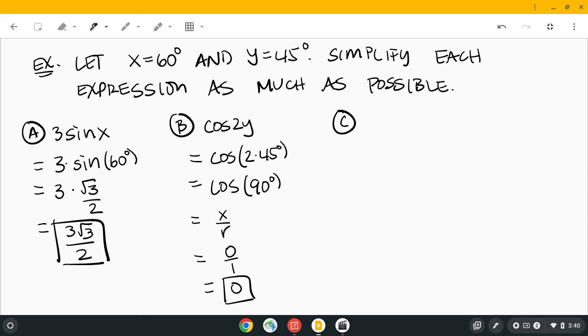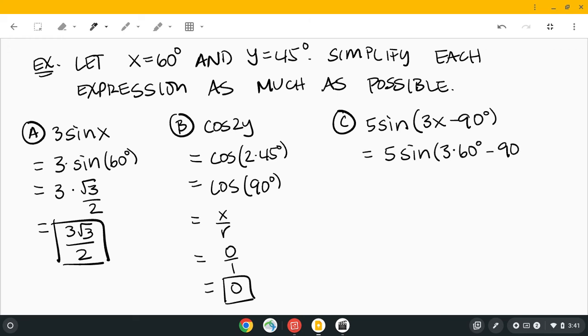And then letter C, 5 times sine of 3x minus 90 degrees. Okay, so we get 5 times sine, 3 times, what is x? 60 minus 90. So 5 times the sine of that is going to be 180 minus 90. So that's 5 times sine of 180 minus 90, which is 90.